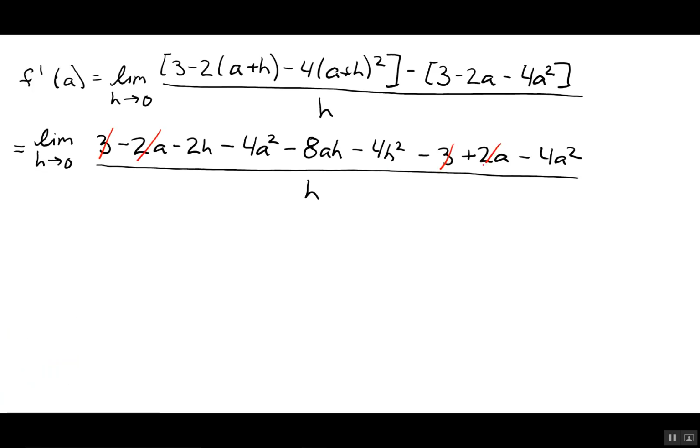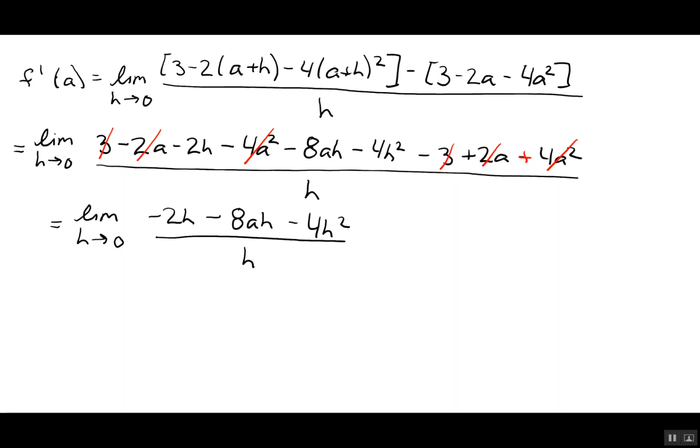There's a negative 2a, positive 2a that cancels. And there's a negative 4a squared and a positive 4a squared that cancels. So when you simplify this, you get the derivative of this function at a equals the limit as h goes to 0 of negative 2h minus 8ah minus 4h squared divided by h.